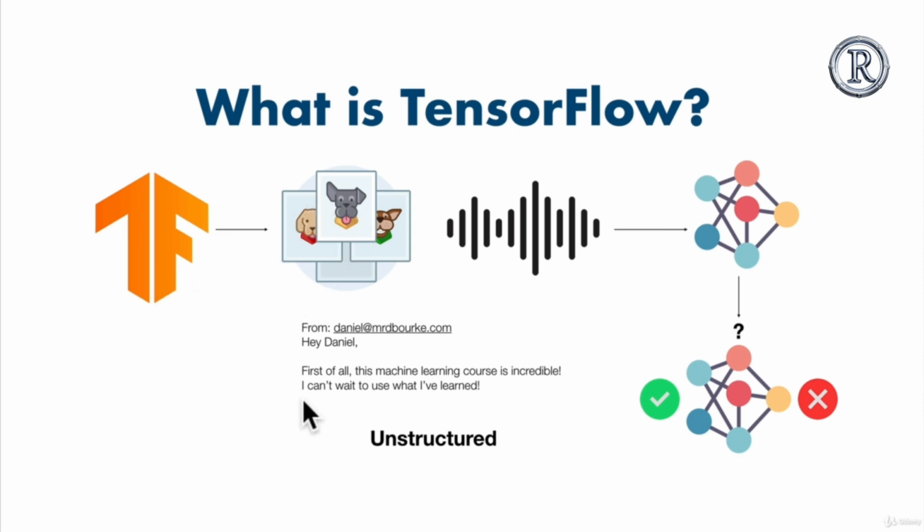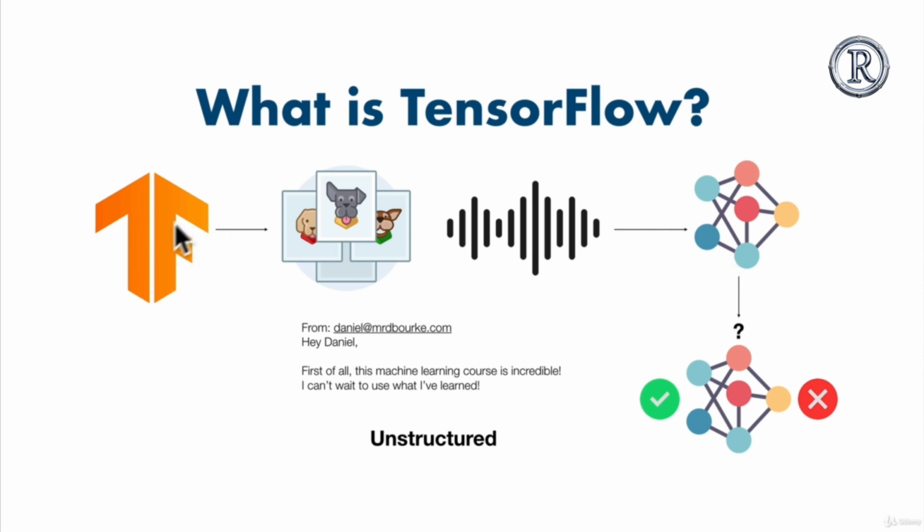TensorFlow is used to build deep learning and neural network models to gain insights out of unstructured data. Now, in the previous projects, we've dealt with data that's available in a data frame, something that looks like an Excel spreadsheet. It has rows and columns. But deep learning is more suited to unstructured data, such as photos or audio waves or natural language text, unstructured data that doesn't really have any specific structure.